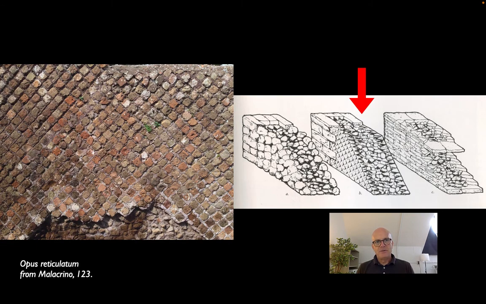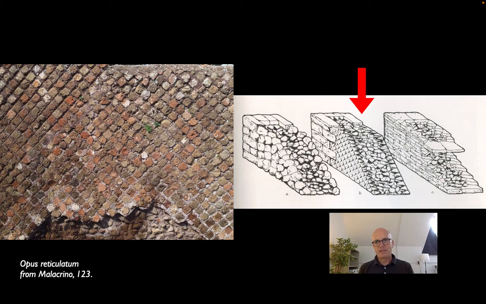They used tetrahedral bricks that had a kind of point to them that would engage with the rubble on the interior core of the wall in a type called opus reticulatum. So this characteristic diamond pattern, what you're looking at in the surface of the wall is the square base of a tetrahedral brick.